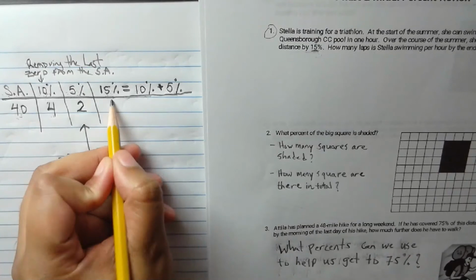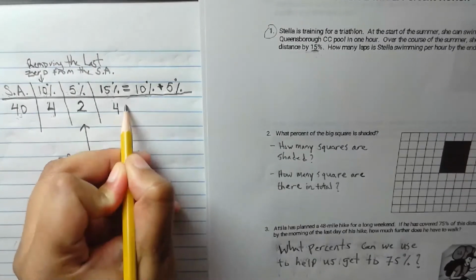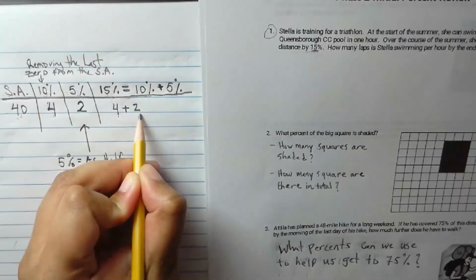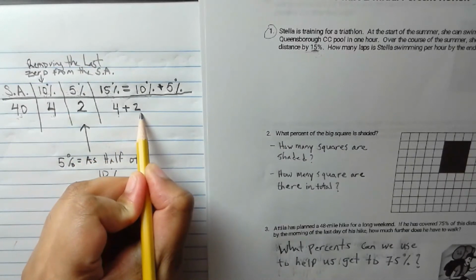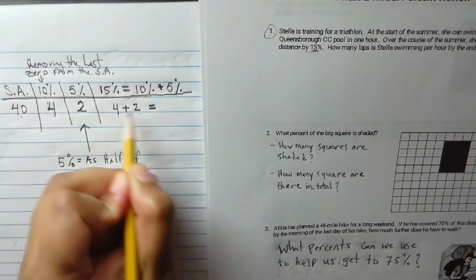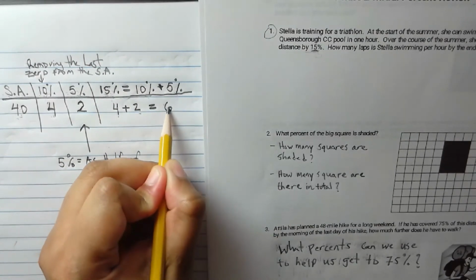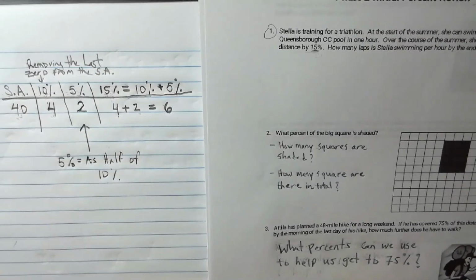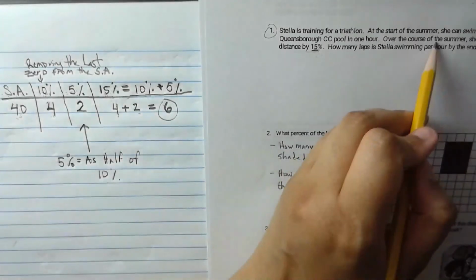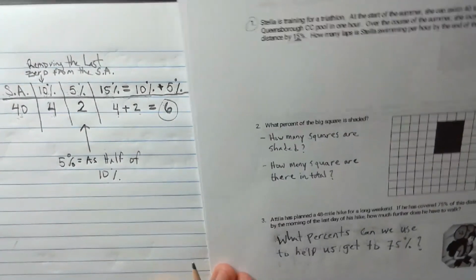So that would be 4 plus 2. That 10% of 40 and that 5% of 40 together will give us that 15% of 40, and that would be 6.